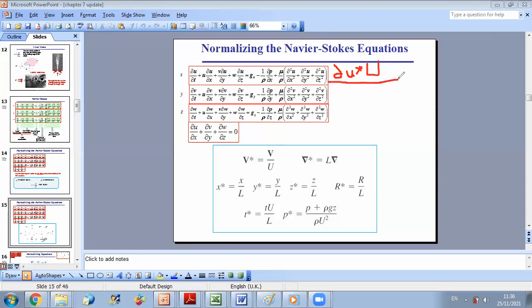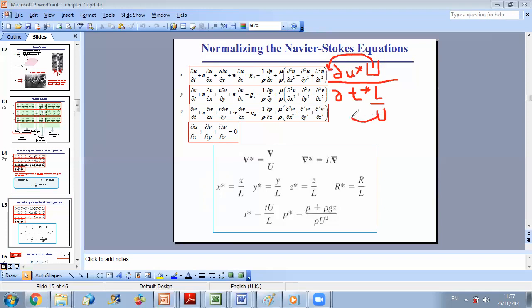Now for del T, what do I obtain? Instead of T, I will put T star times L over U. You know that L and U are constants because they are characteristic lengths, so I can take them outside of del.